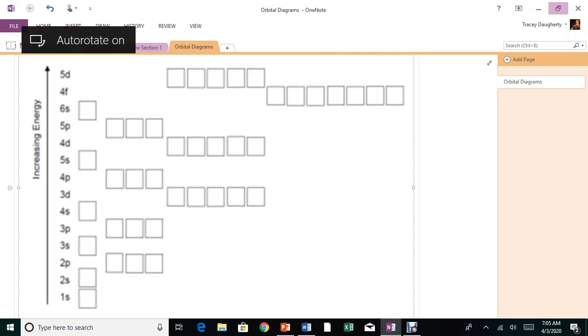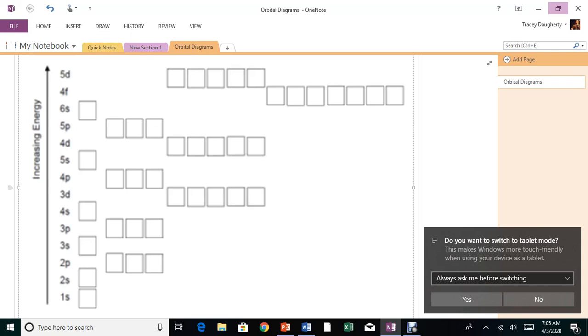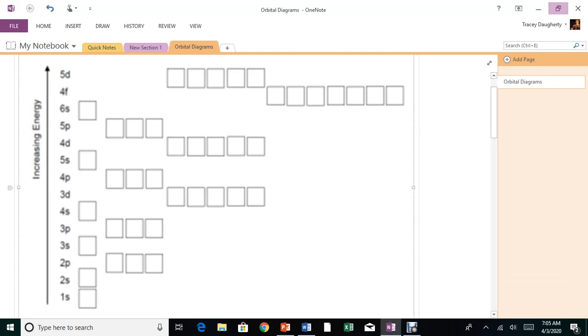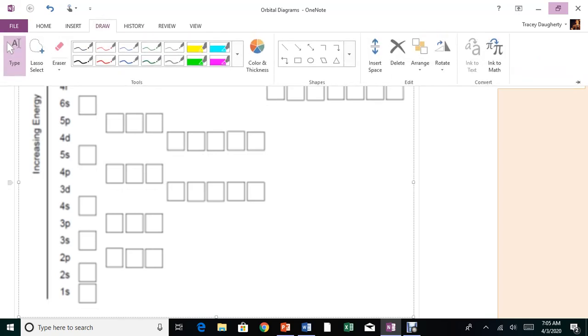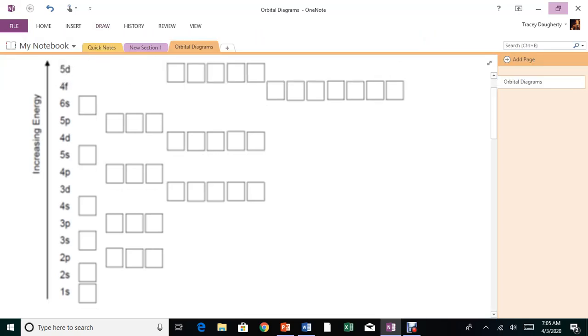Okay, so I want to do nitrogen, which has 7 electrons, and we get that again from the atomic number.